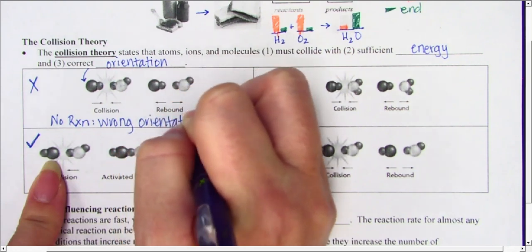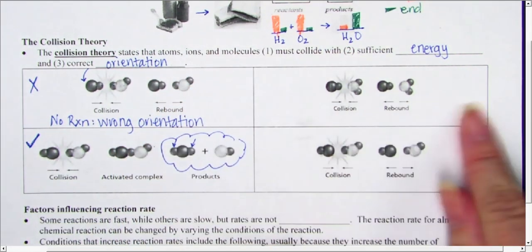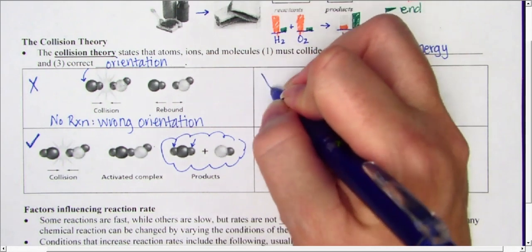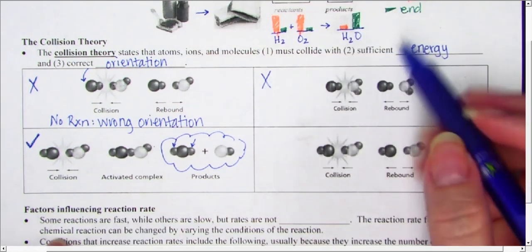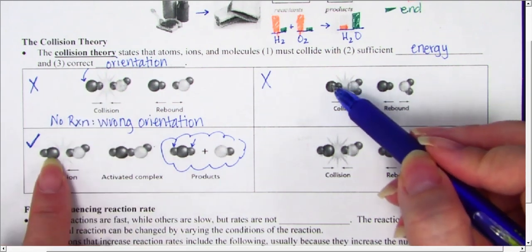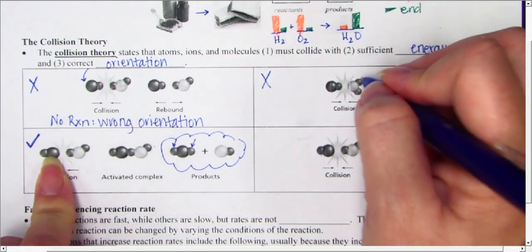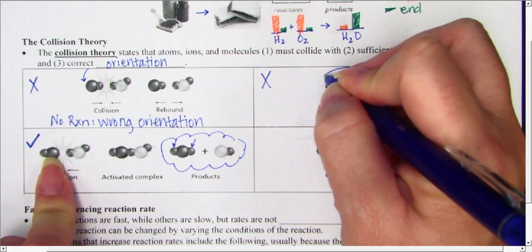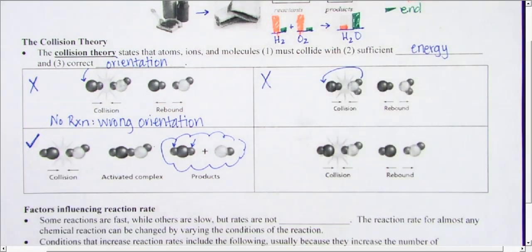All right, if we look at the next one, also no reaction occurs. Again, the reason why, if we look at the collision, is that this one is in the wrong orientation. I need this atom to collide on that side of the molecule.